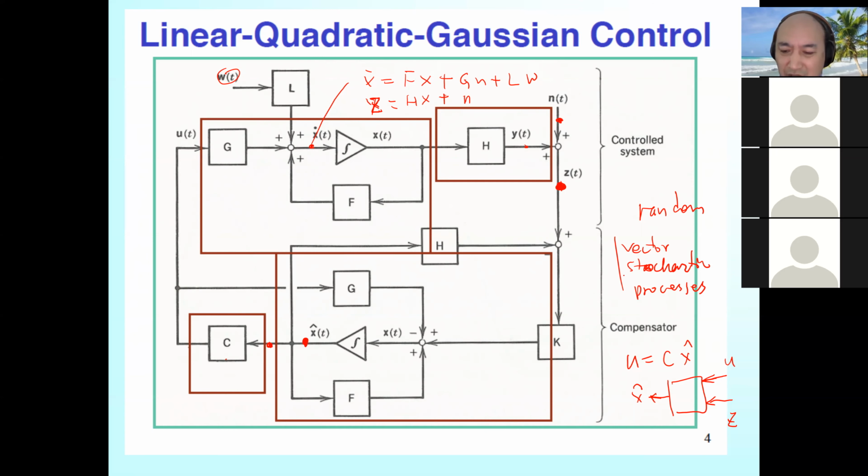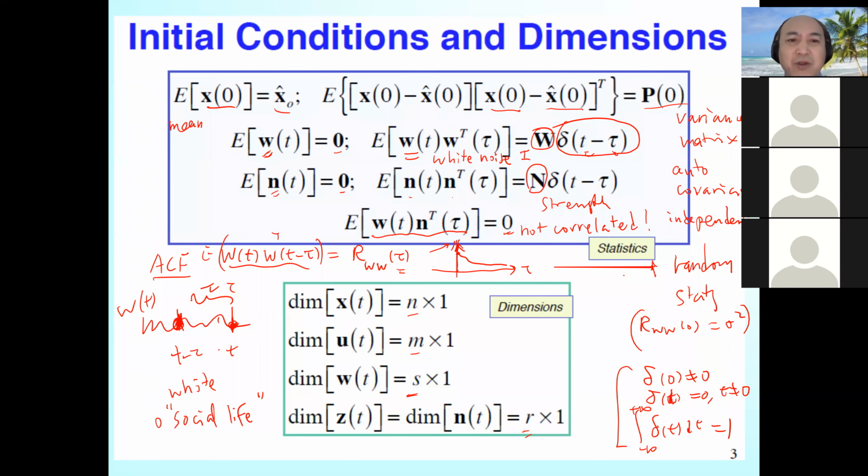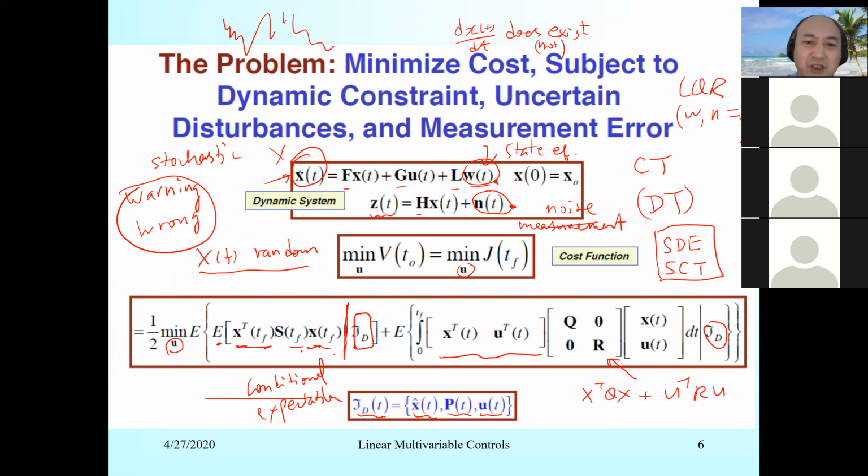So how can we measure the performance? The performance is given by J. If you have a terminal cost, you have Q and R here, but everything is in terms of expectation.